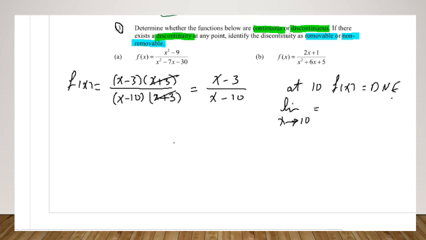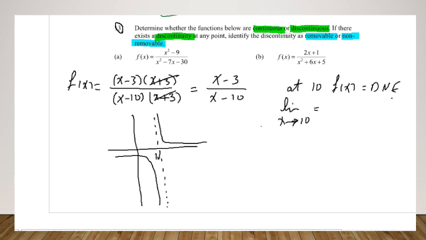By using the graph of this function, I will figure out that at 10, the limit as x approaches 10 from the negative side approaches negative infinity, and the limit as x approaches 10 from the positive side is infinity. So the limit as x tends to 10 does not exist.